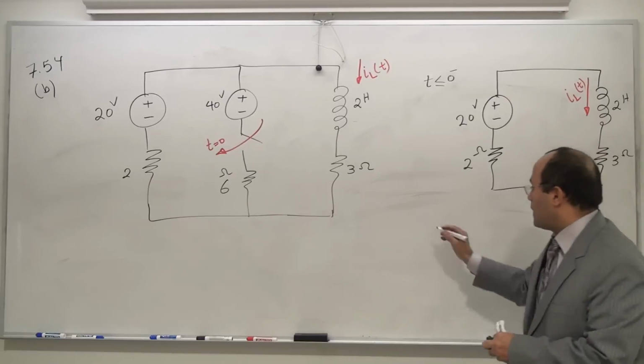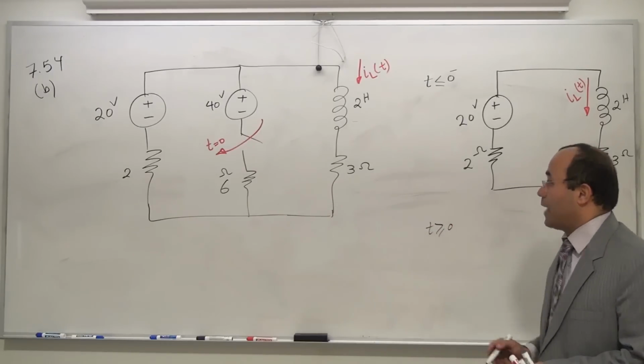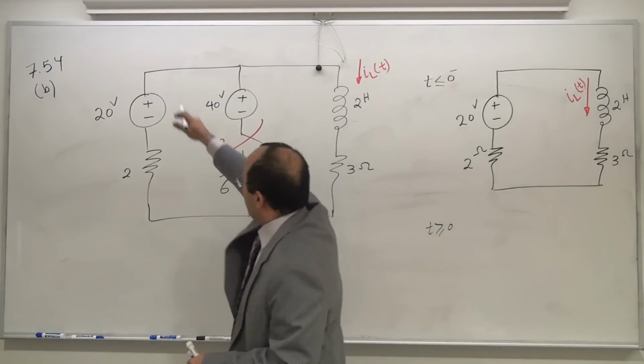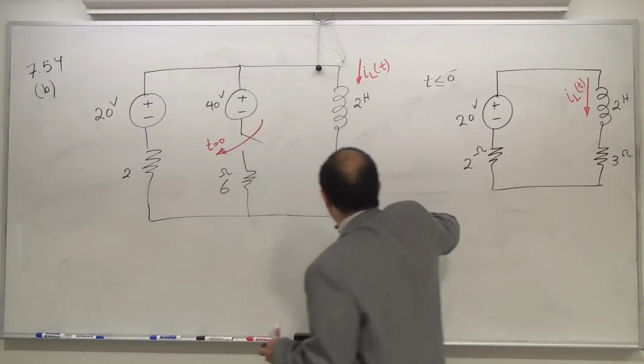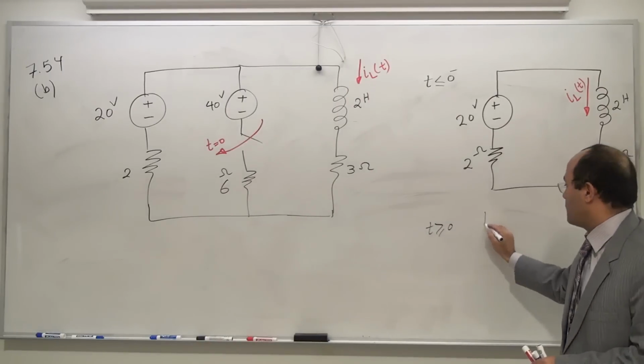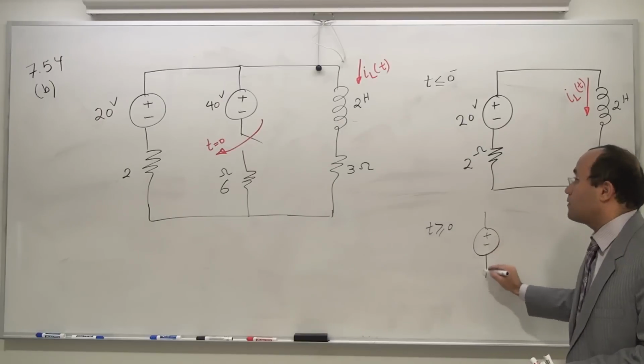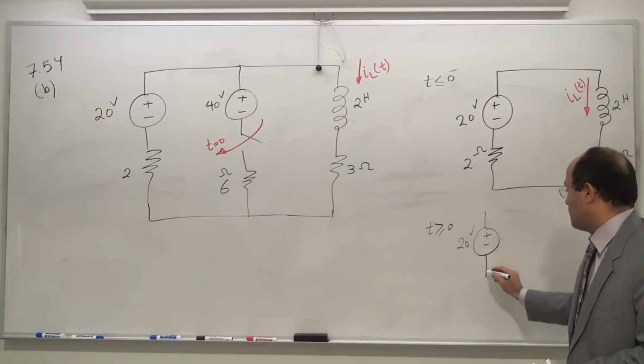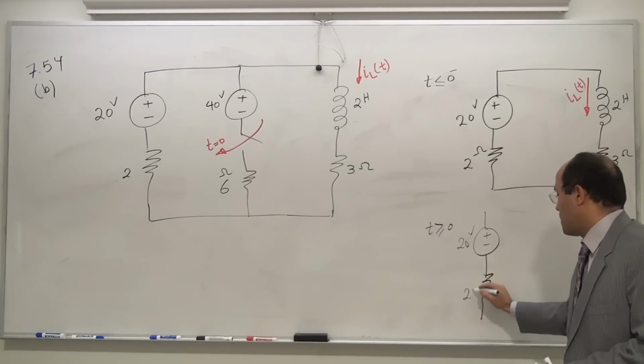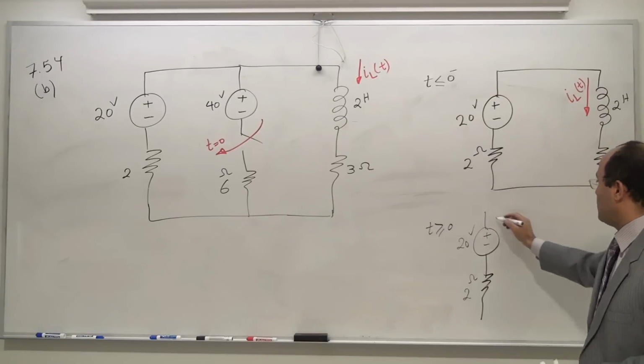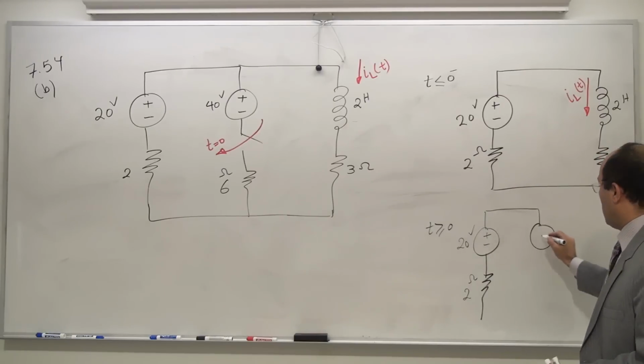For t greater than or equal to 0, the switch is closed, and I have these two branches, everything playing nicely together. It's going to be plus-minus 20 volts, 2 ohm. Everything is in ohm, so I may as well not write the unit.